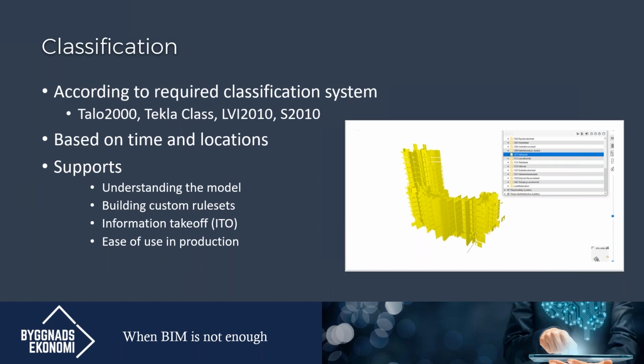Classification in Finland mainly uses the national classification systems. In Finland, it means Talo 2000 for architectural, and mainly Tekla class when it comes to classifying the structural model. We have specific classification systems also for the MEPs and for the electrical works.